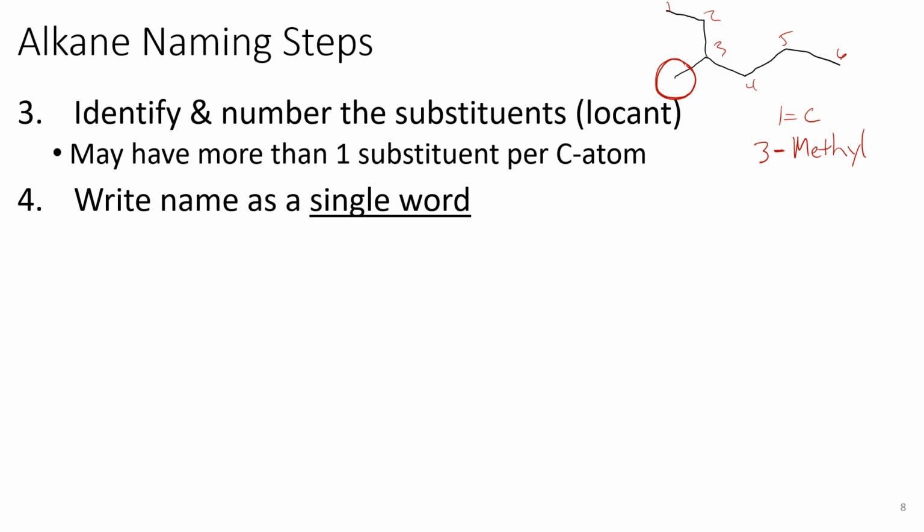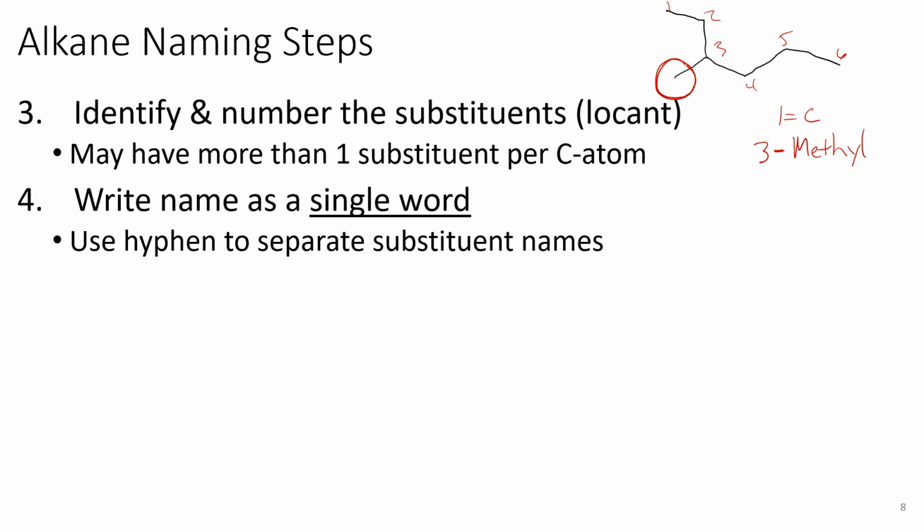We are going to write our name as one word. We will use hyphens to separate numbers and letters. So you'll notice I used a hyphen to separate the locant from the substituent name. We will use commas to separate any numbers.